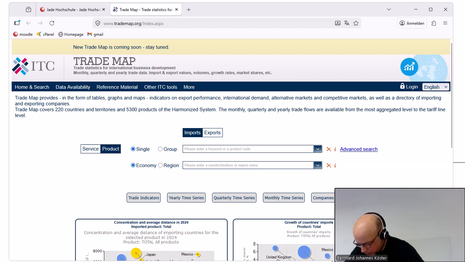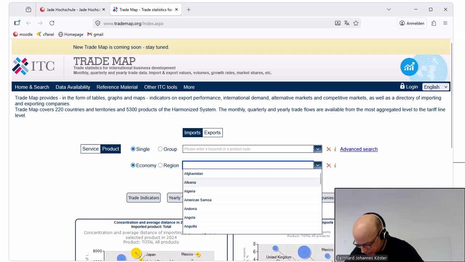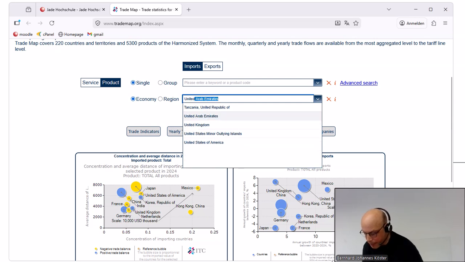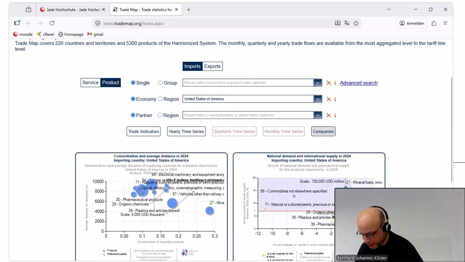So what we want to have is United States, clicking on that, oops, United States of America. Here we are. Then you see that the monthly and the quarterly data you cannot download, but you can download the yearly time series.